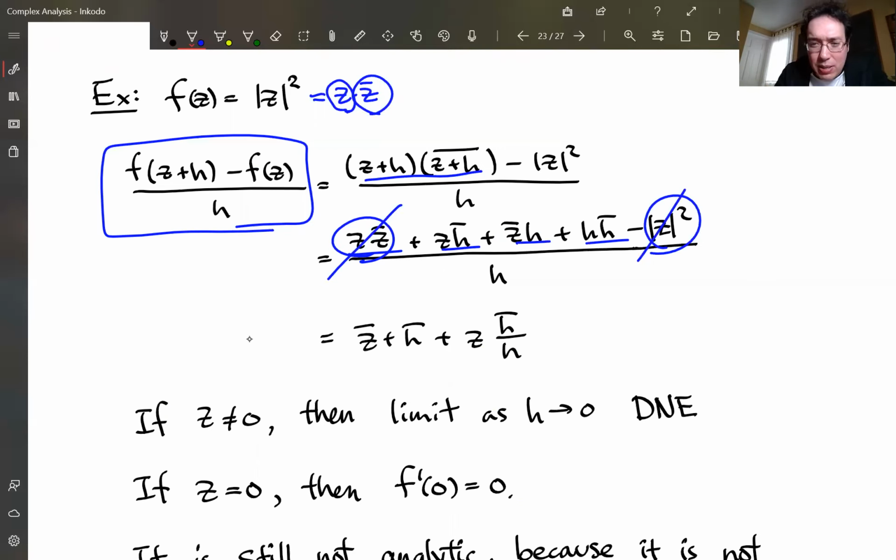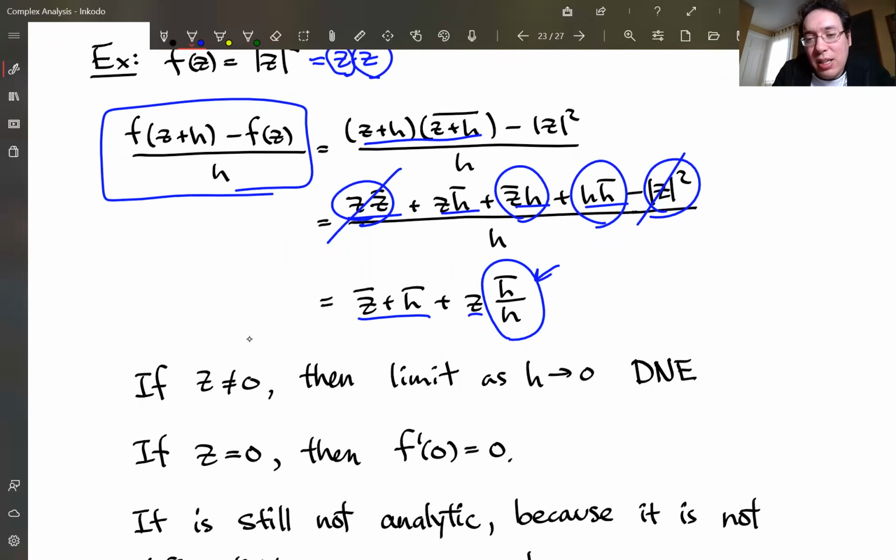What is left? Well, these two terms have h in them, so we can cancel with the h on the bottom. That's those two terms. We have one more term, z times h bar over h. Okay, so let's try to analyze the limit as h goes to 0.